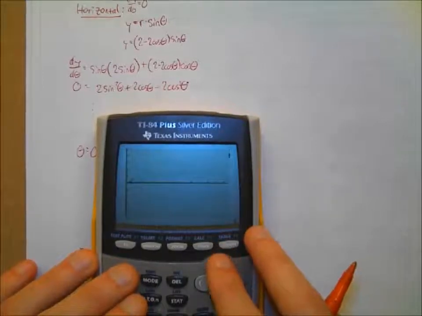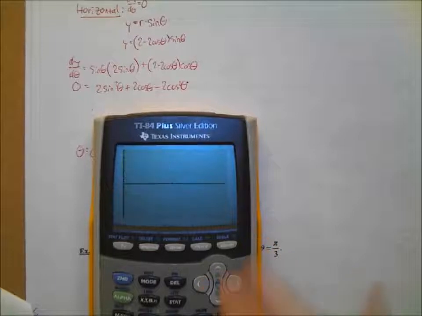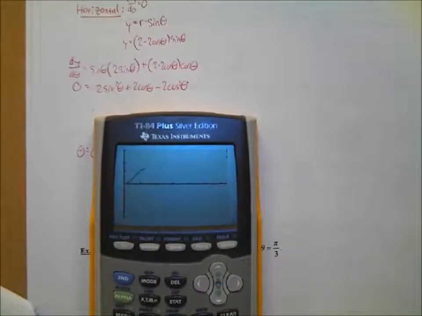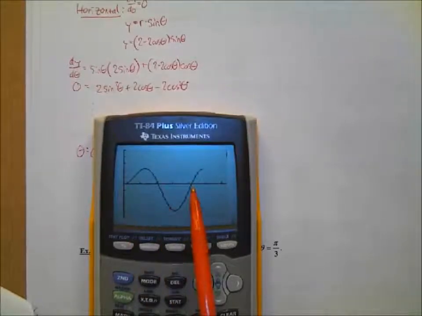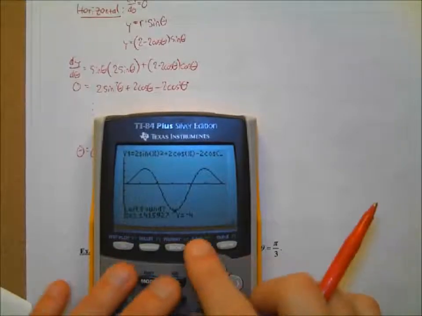I think it does. Let me do it this way. All right. Just hold while it graphs here. So we had a 0 here, 0 here, 0 here, and let's see. It looks like we have a 0 there at 2 pi.